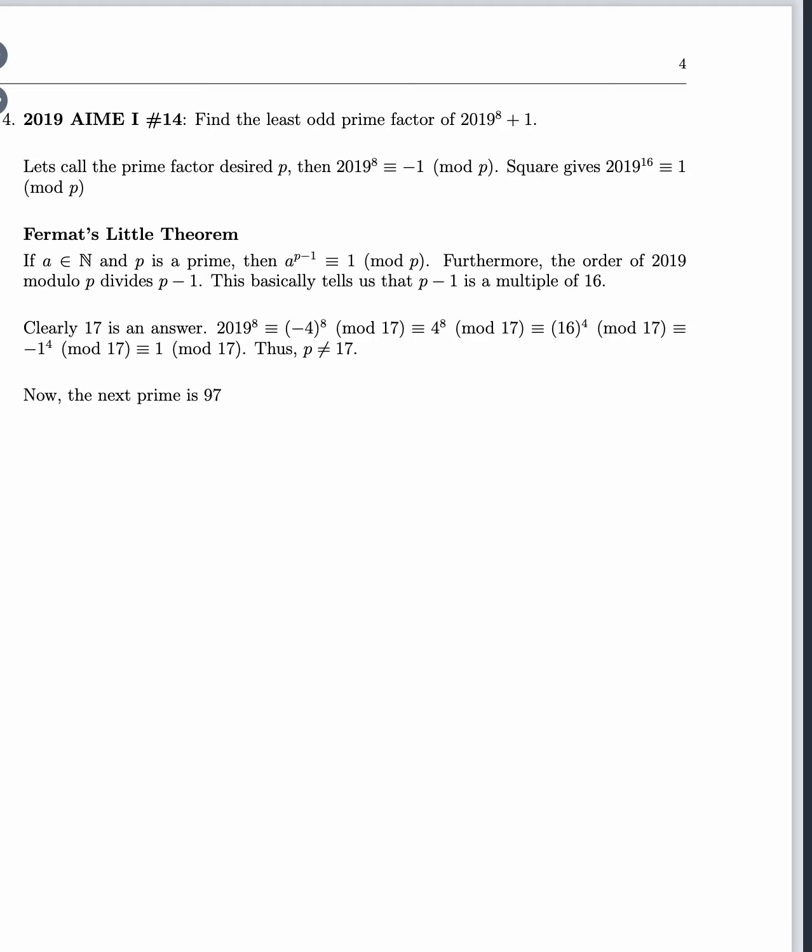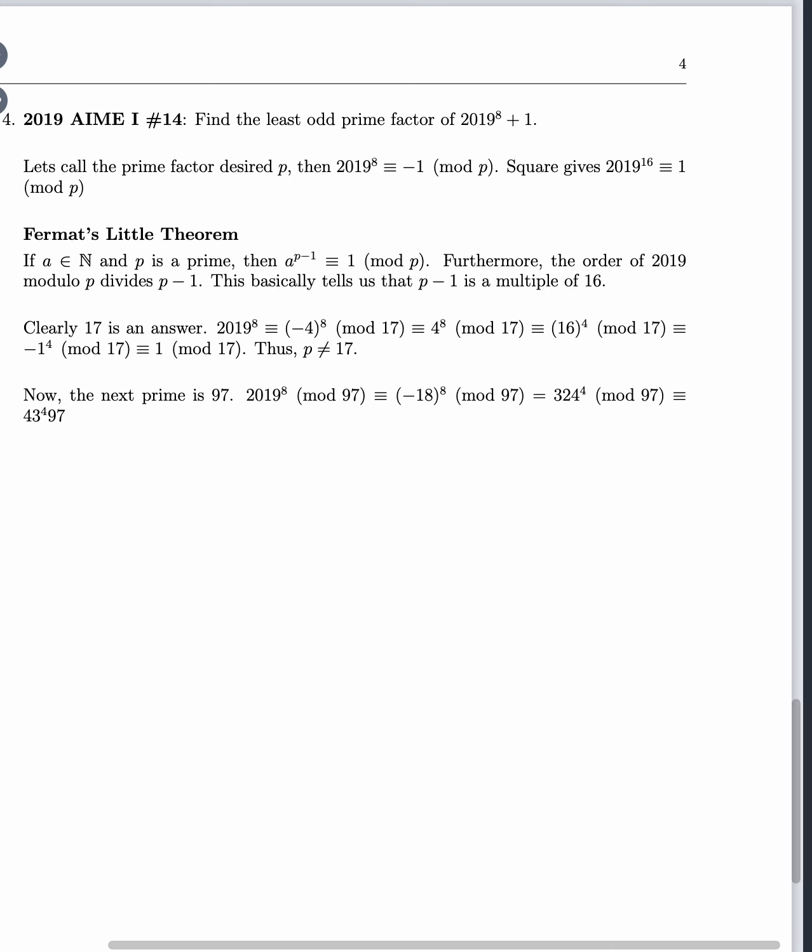It's equal to -18 to the 8th mod 97, which is just equal to 324 to the 4th mod 97. So 324 mod 97 is just 33, I think 43 to the 4th mod 97. I think I didn't make a computation error.